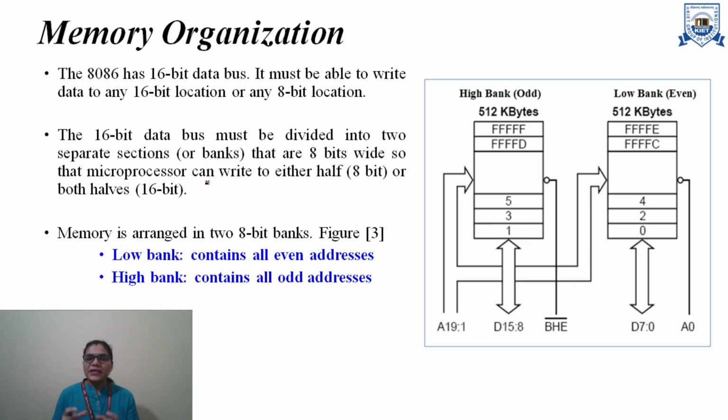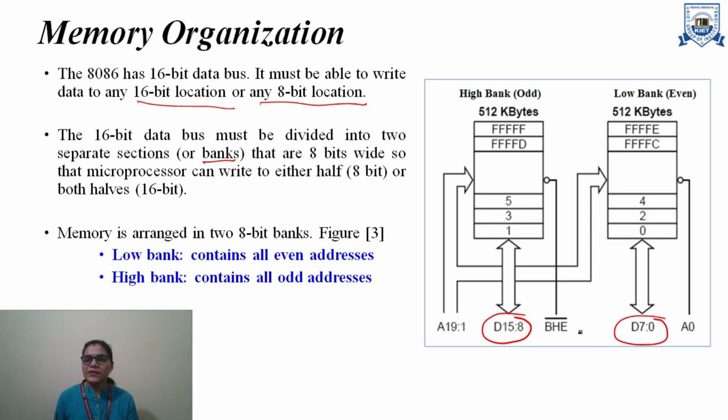How is memory organized? 8086 has a 16-bit data bus and it must be able to write data to a 16-bit location or any 8-bit location. The 16-bit data bus is divided into 2 separate sections or banks. Here you can see D0 to D7 and D8 to D15.